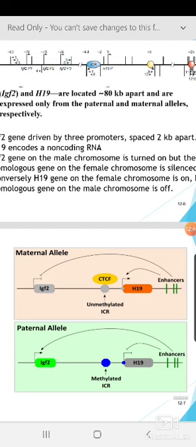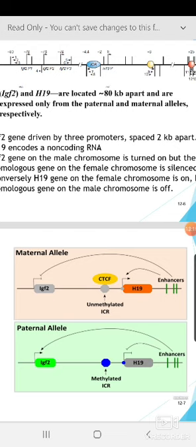Now in the maternal allele, what is happening? Look very carefully. At this imprinting control region, one protein, this CTCF protein, a known mammalian, eukaryotic protein, can act as an insulator. So it can come and bind here and protect IGF2 from the enhancer, which is far downstream on this side, exerting its effect.